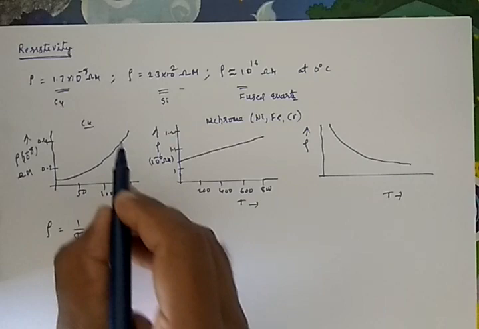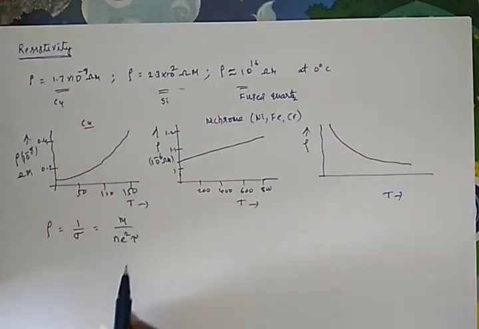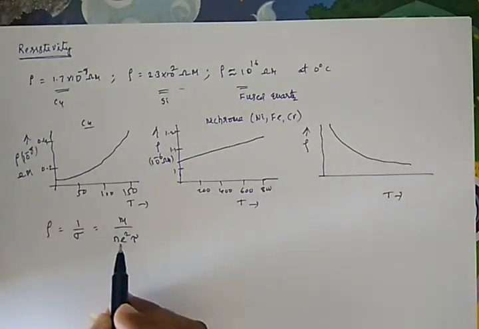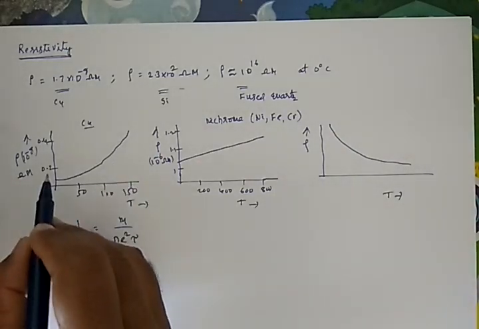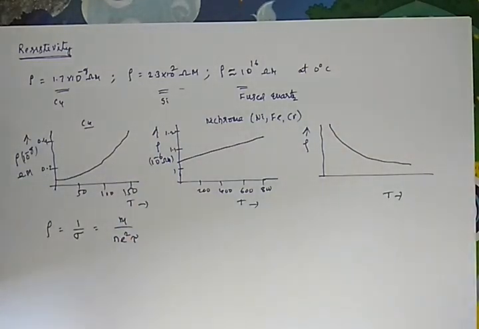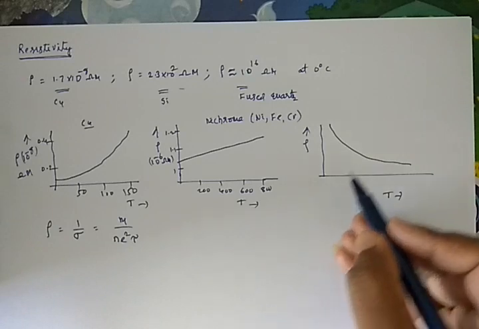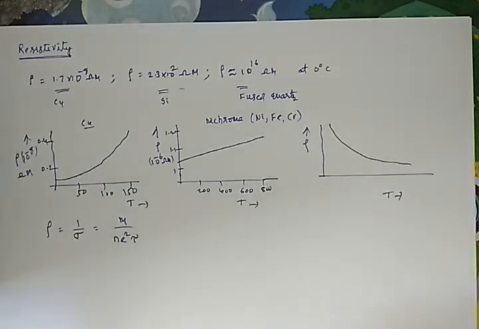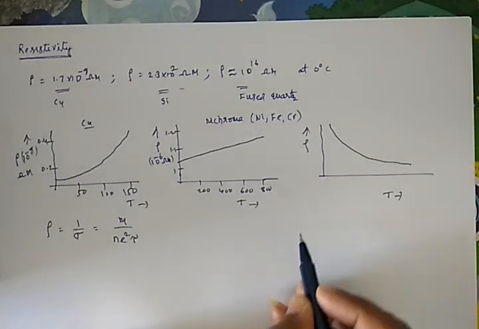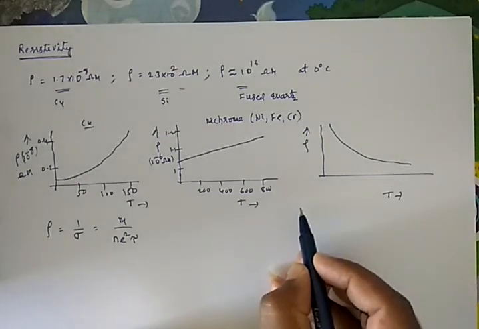So in metals, as you increase temperature, resistivity increases and conductivity decreases. In a semiconductor, as you increase temperature, resistivity comes down but conductivity goes up.